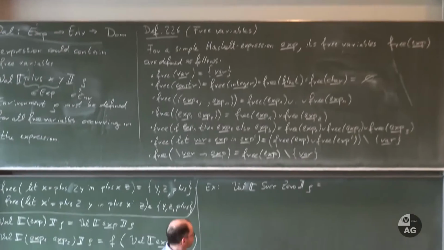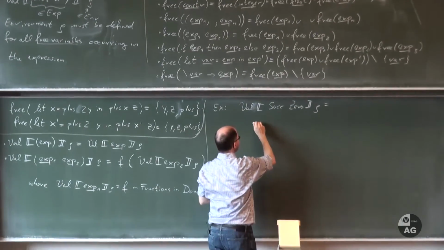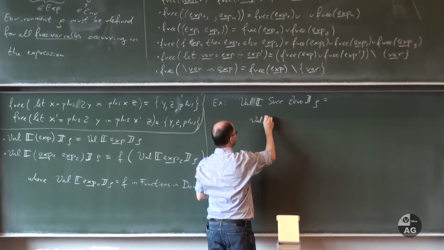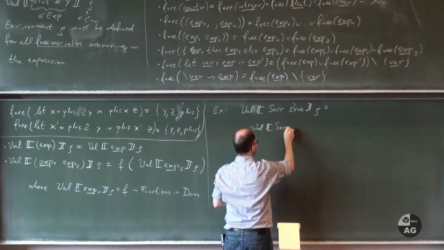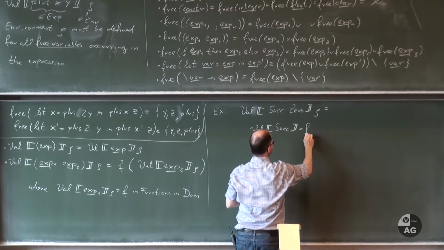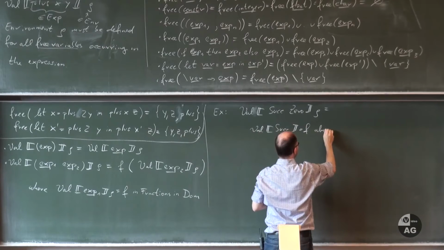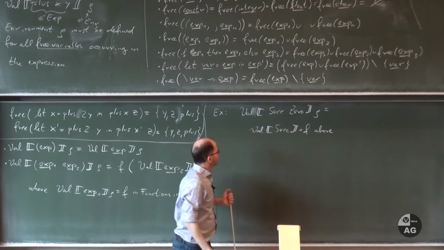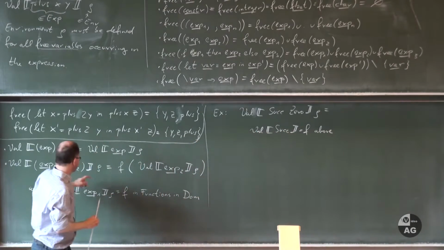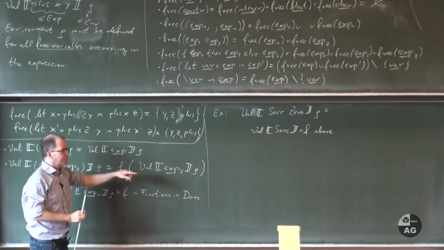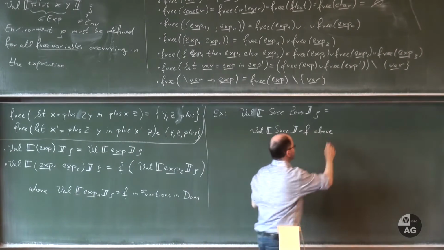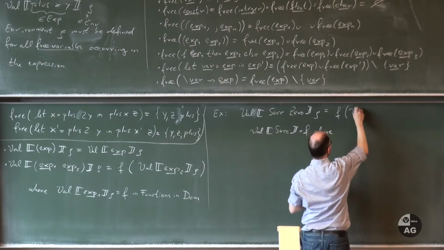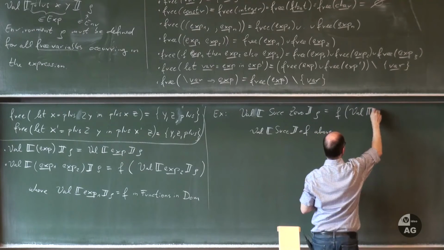So the semantics of suc is the function f above. And so the semantics of the whole thing is f applied to the semantics of 0.